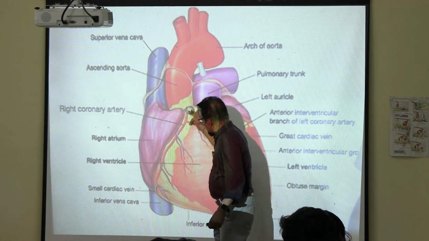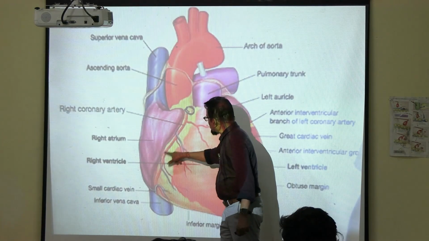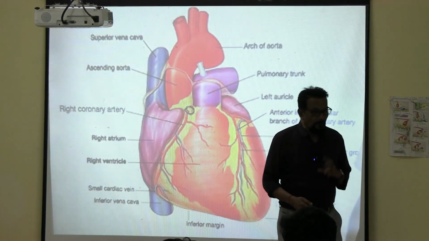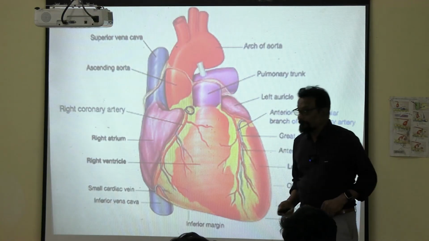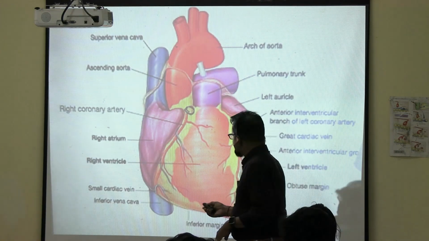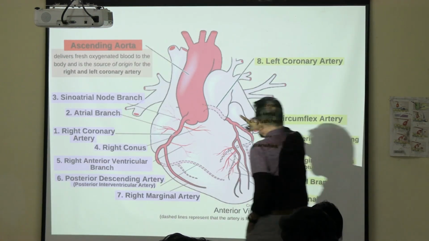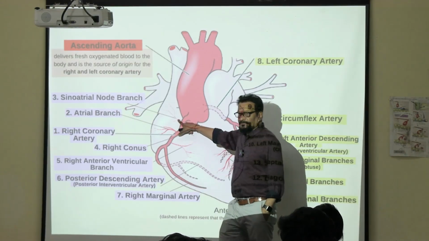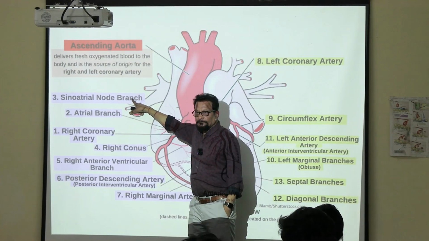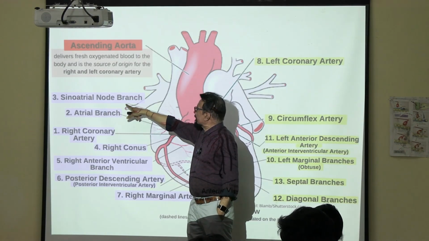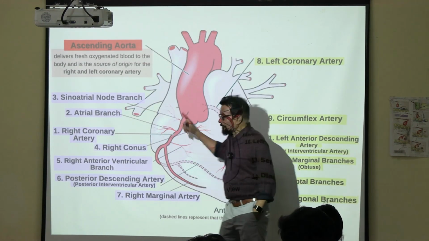Now while coming down, it produces several branches. What are these branches and where are they supplying? Now see, this is the first branch, going to the SA node. That's why it is the sinoatrial node branch of the artery.